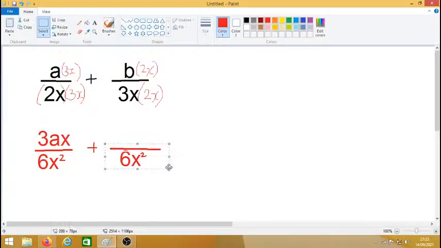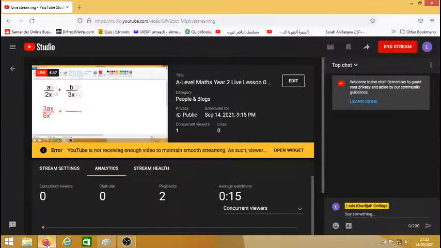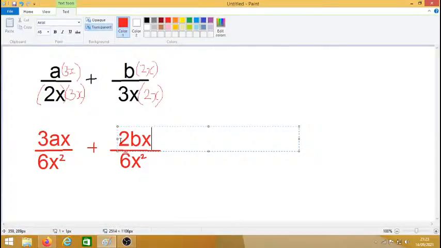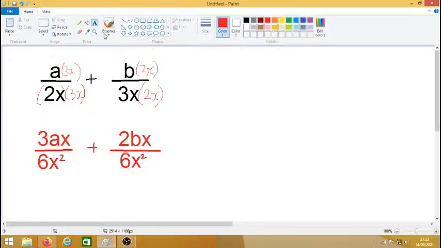Okay, so hopefully at the top you've got some answer which isn't that hard. Let's see what you've got. It's going to be 2bx. And now denominators are the same, so we're ready to add, and that's going to work out to be 6x squared on the bottom, 3ax plus 2bx on the top, and then you just want to simplify.